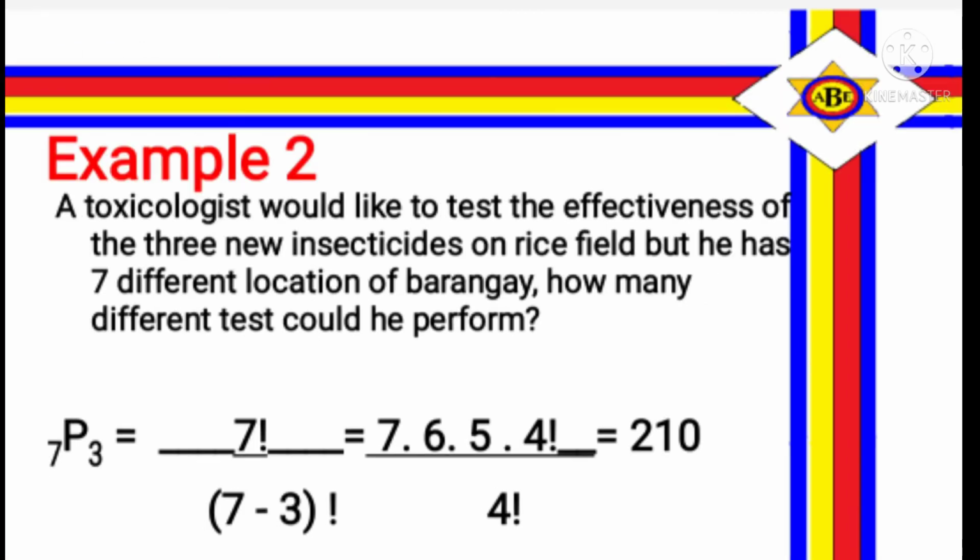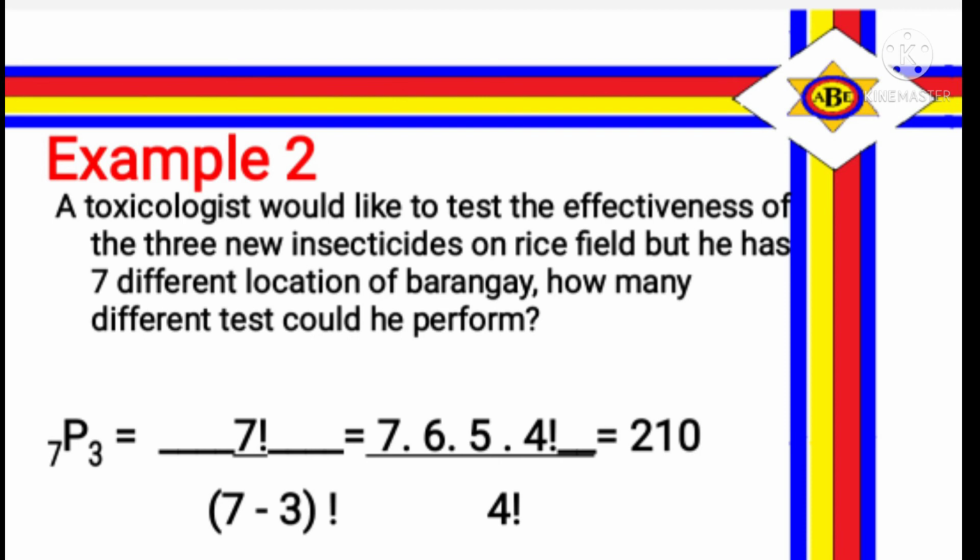Sample number 2. A toxicologist would like to test the effectiveness of 3 new insecticides on rice fields, but he has 7 different barangay locations. How many different tests could he perform? So there are 3 new insecticides and 7 barangays. So we have 7P3.